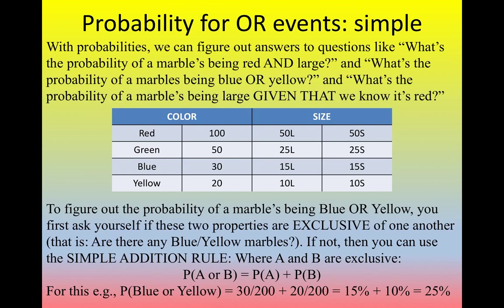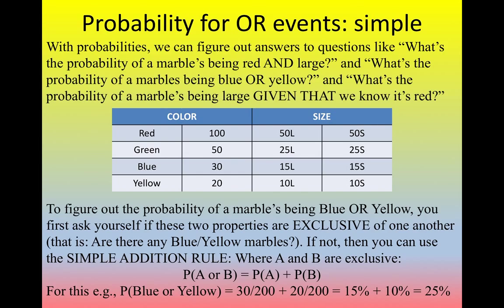Let me back up. Forget about mutually exclusive. Let's just focus on the term or. What does or mean? The event A or B can be true in 3 different cases. It can be true when just A by itself happens. It can be true when just B by itself happens.